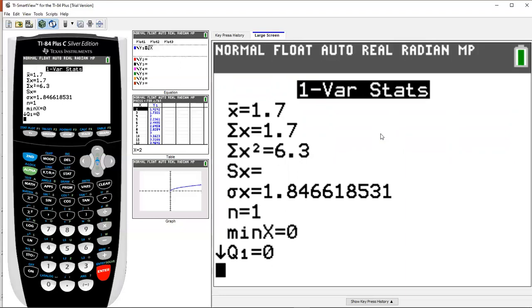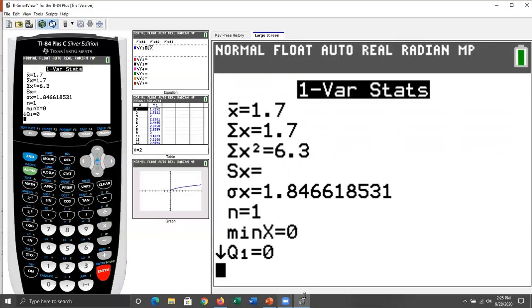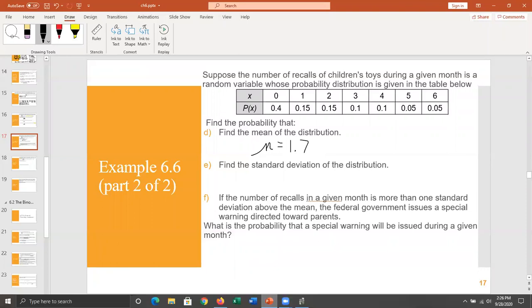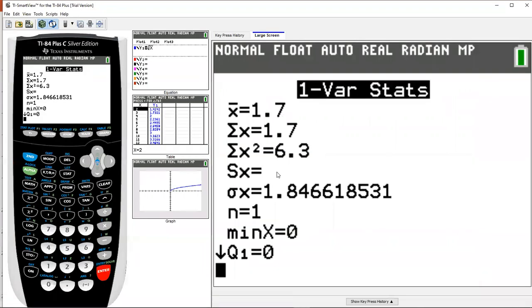It is 1.7 for the mean. That's the symbol for the mean. I think it was 1.7. So the mean is 1.7, and then the standard deviation is 1.85 if you round that off.